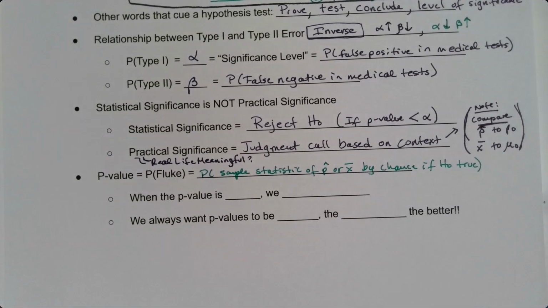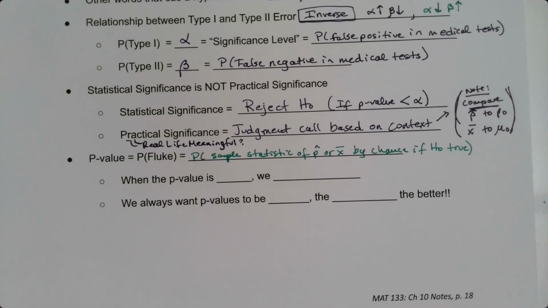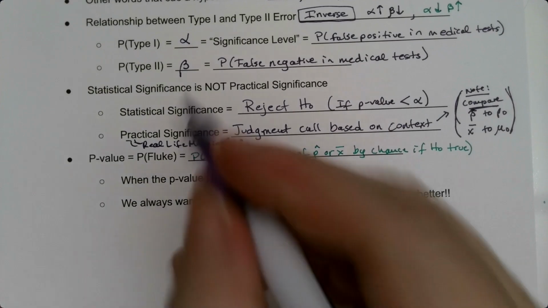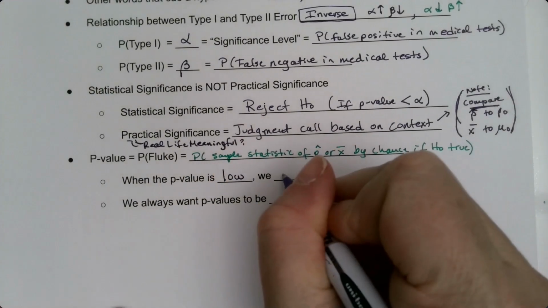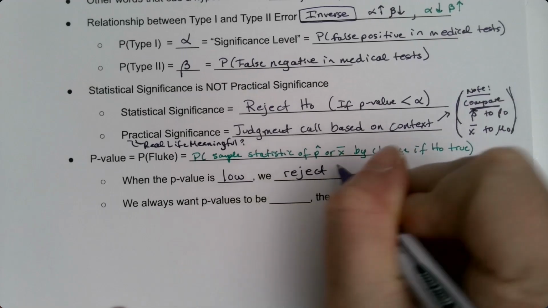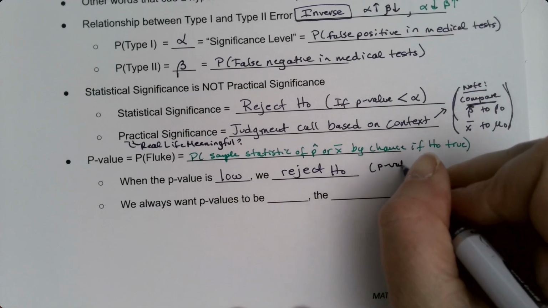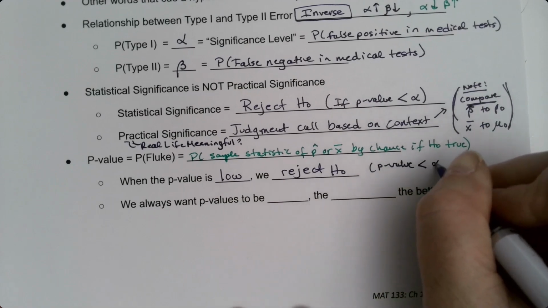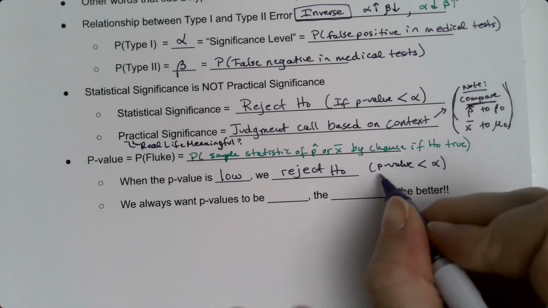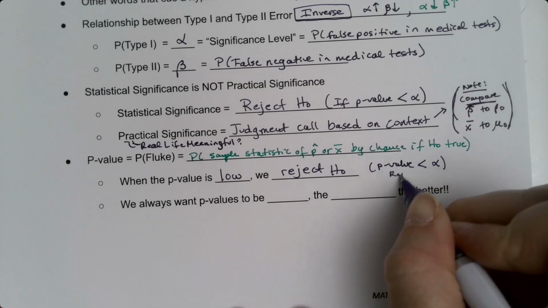All right. And when the p-value is low, we reject H0, right? So you want your p-value to be lower than your alpha. If your p-value is lower than your alpha, reject H0.